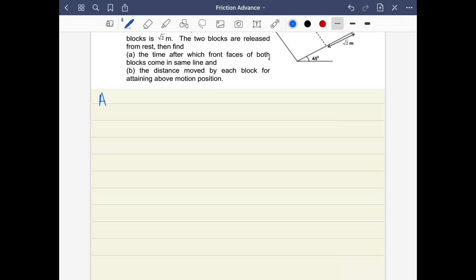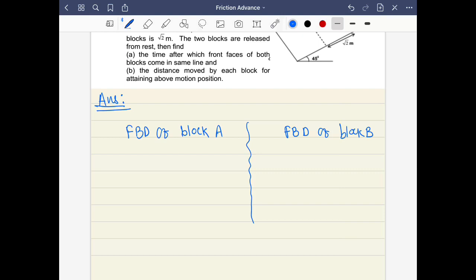So I'm drawing the free body diagrams of A and B over here, and as you can see, this is the FBD of block A I'm drawing here, and the FBD of block B I'm drawing here. Okay, so this is the 45 degree angle.